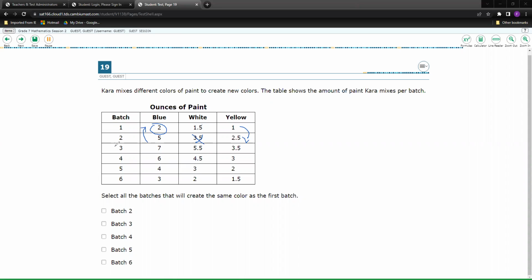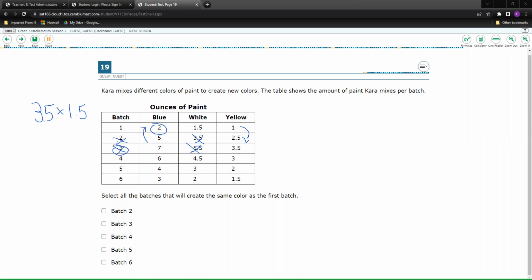So let's move to the next batch, batch 3. 7 divided by 2 is 3.5. 3.5 times 1.5 is not going to be 5.5 either. So that doesn't work. 2 doesn't work, 3 doesn't work.